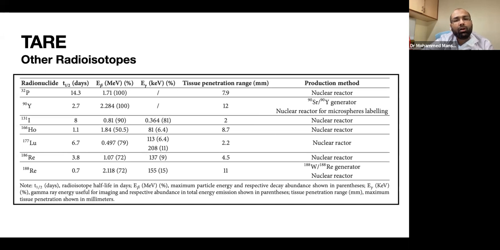The beneficial role of this gamma emission is that you have a better imaging after the microspheres have been delivered into the tumor, compared to the beta emitters, where the imaging is not very good. Especially, there is no imaging possible with phosphorus, and with yttrium, you can do a PET scan, but you get very low counts.